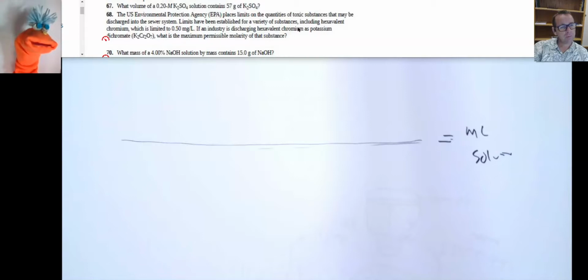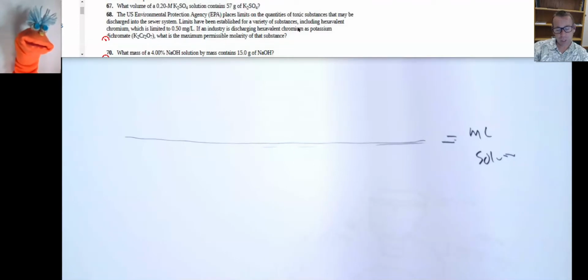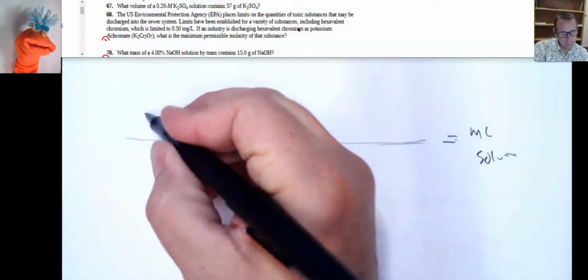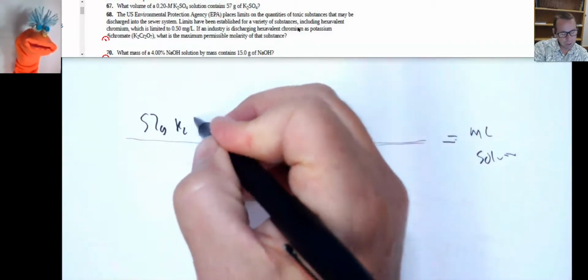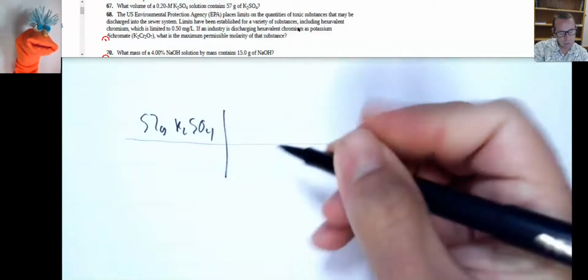This one here is a little bit tricky. I'm going to let you choose what to start with. Now let's start with the 57 grams. So 57 grams of K2SO4. All right.